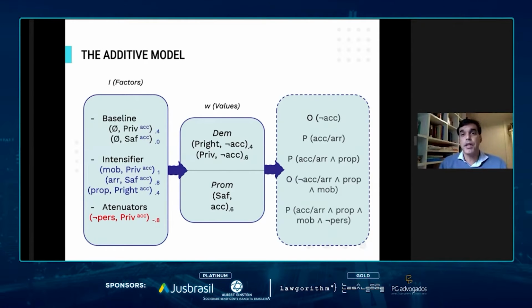But our main concern and contribution in this paper was to describe how the shifts of balance occur if we add factors, or if we contract factors, or if we add values, or if we contract, delete values from the model to be considered.